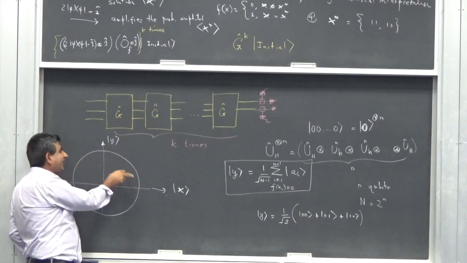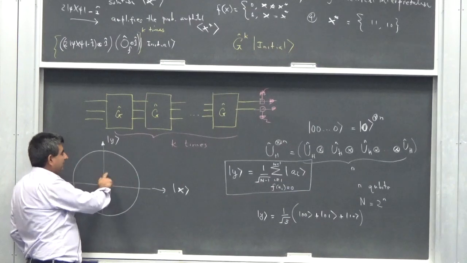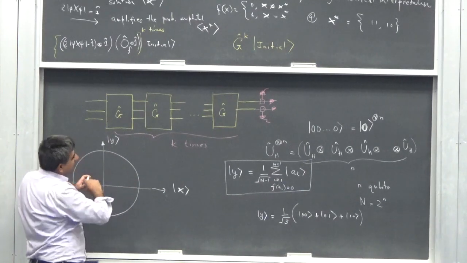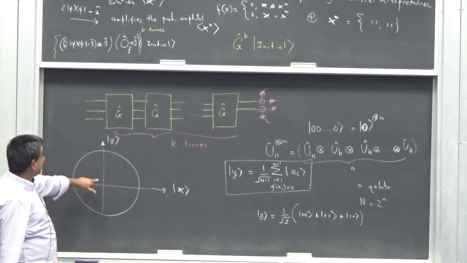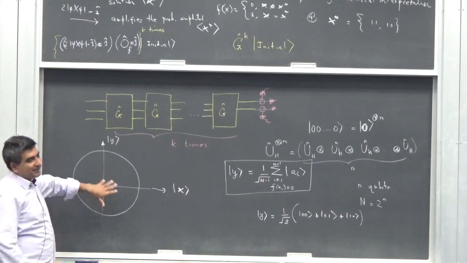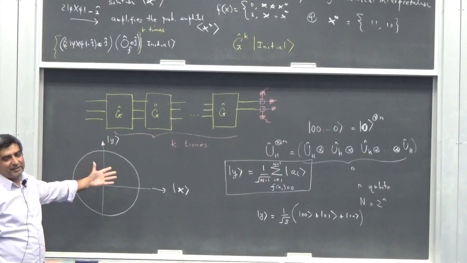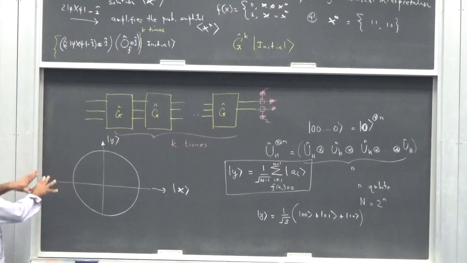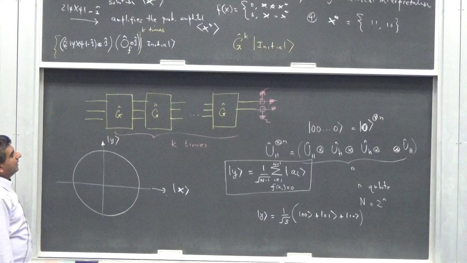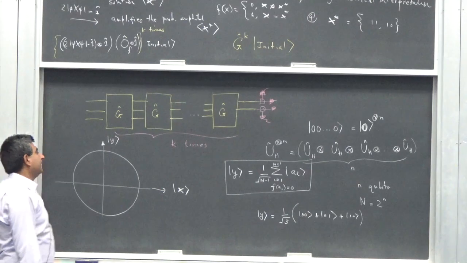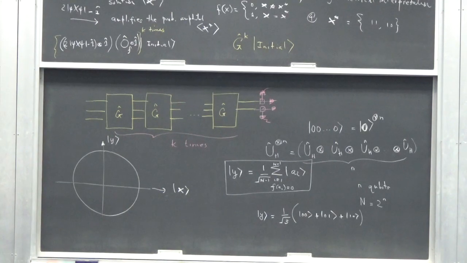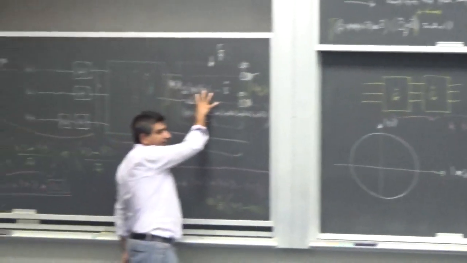I'm just conceptually representing that orthogonality as a 90 degrees angle, but there's no real 90 degrees angle. This is just a conceptual diagram. Alright. Now let's see what is the role of this operator and what is the role of this operator.